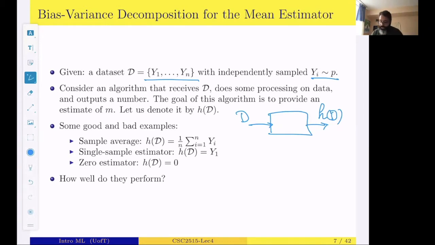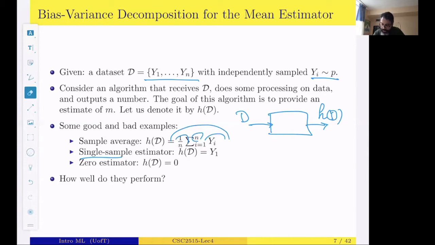So what are some examples? As you mentioned, the sample average: we sum yi for i equal to 1 to n, and then divide by the number of samples. The other one I call the single sample estimator.